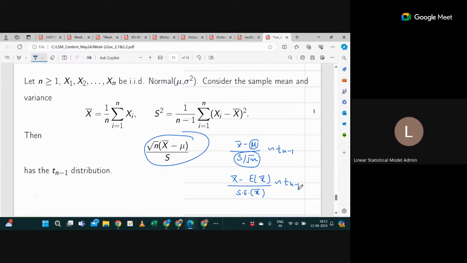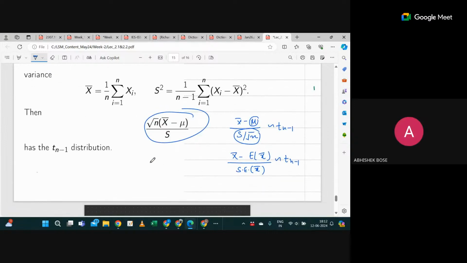Now, if you want to use that for beta 1, first of all, what kind of hypothesis can you make? The null is that beta 1 is insignificant.